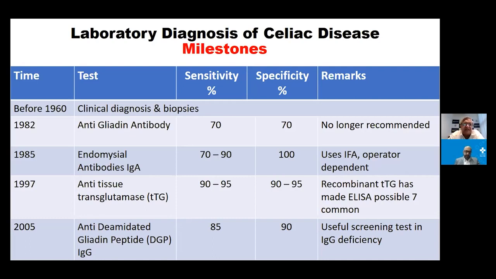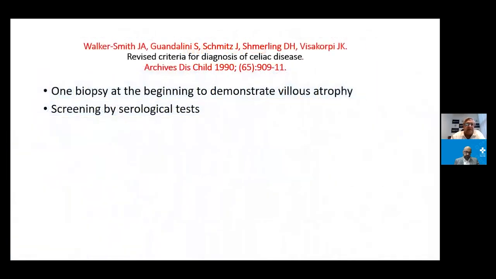In that case, anti-DGP antibodies of IgG isotype would be preferred as a method. It was in 1990, 20 years after the first attempt, that instead of 3 biopsies, they suggested there could be only 1 biopsy at the beginning to demonstrate villus atrophy, and before that, the patient is screened by serological test.